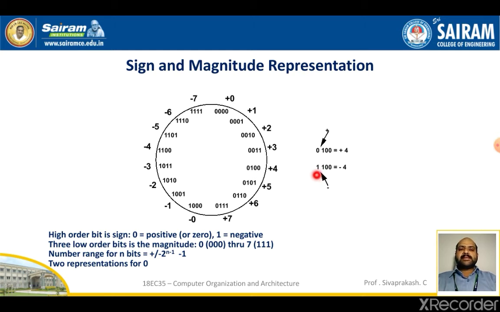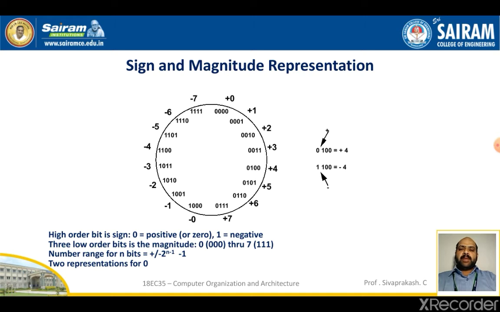In such a way we represent this number system as sign and magnitude. So this MSB bit represents its sign and the remaining bits represent its magnitude. Always, if the higher order bit is 0 it means positive, and 1 means negative.